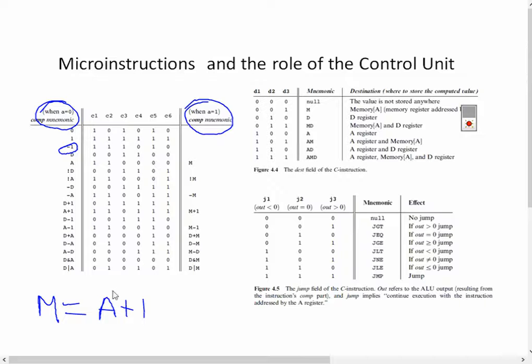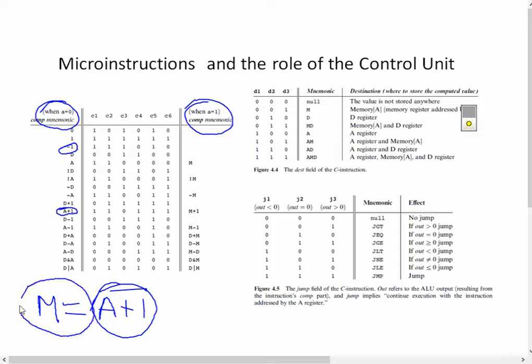When I say A + 1, it's referring to an instruction that the ALU can perform. In this particular case, if I look over here, I can tell that this is the A + 1. And I know that it has bit pattern of 1, 1, 0, 1, 1, 1. And I also know that it has to have the A bit being set to 0. So I know this is the instruction that it's going to perform.